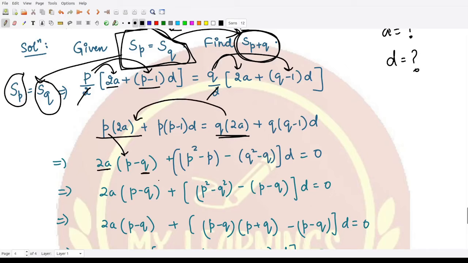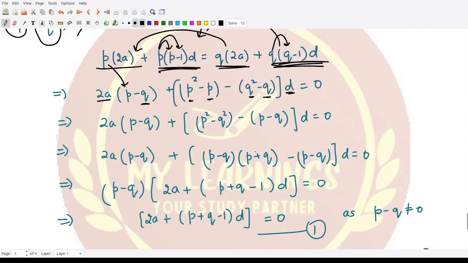Then from this term and this term, we can take d common, so that we would have here p square minus p, and here q square. When you shift this term to the left hand side, it would be minus of q square, and then minus of q. When you shift this to the left hand side, it would be plus q, right? So from here you can rearrange and solve this one.